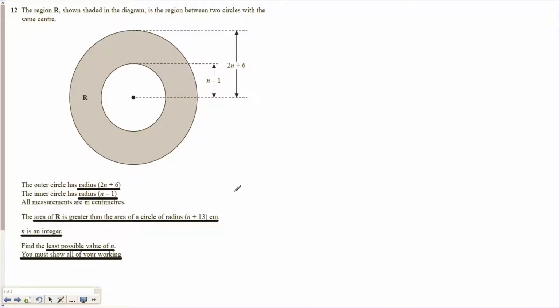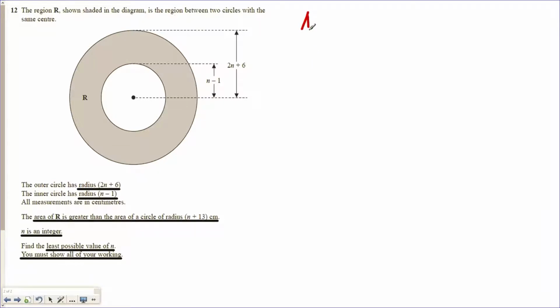I think the first thing we need to do is get our head around what the question is actually asking us to do. It says the area of R, this shaded part here, is greater than the area of a circle of radius n plus 13. So I'm going to write this down mathematically.